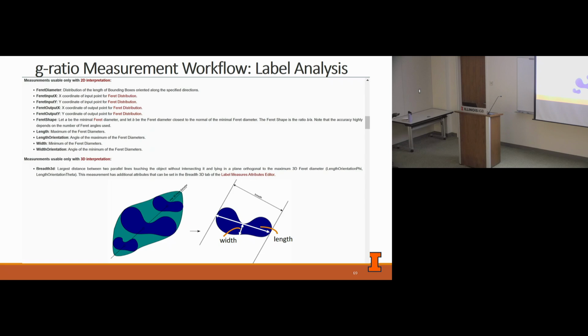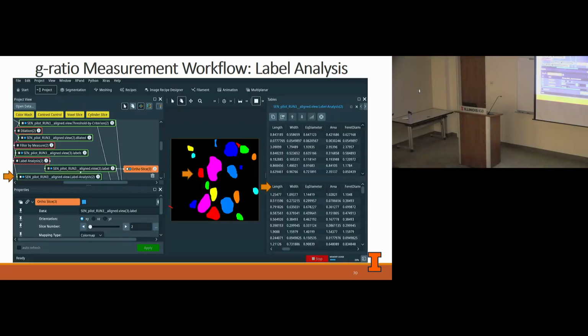In actual fact, that is the length that I'm interested in. So I incorporate that into my measurement tool and I apply that. Now I have measurements for the axon only.